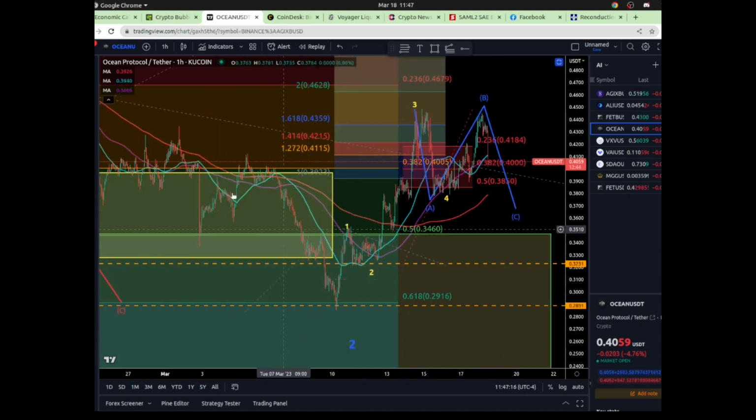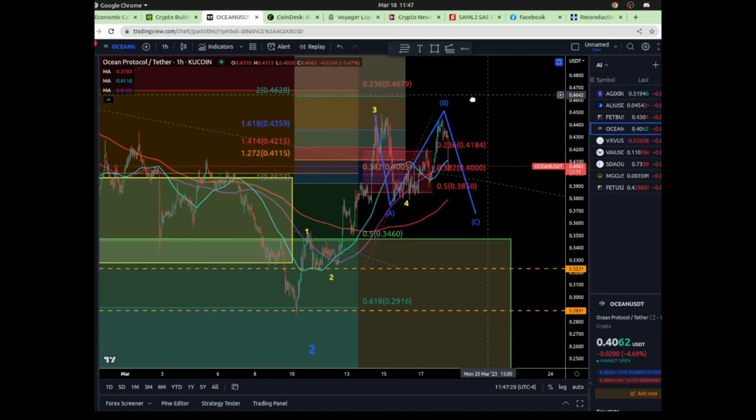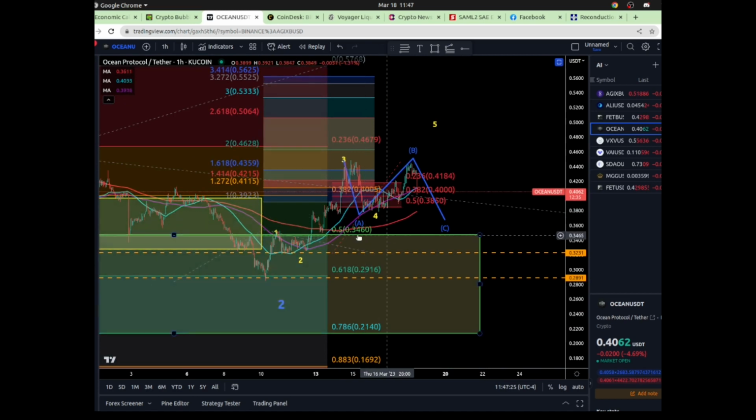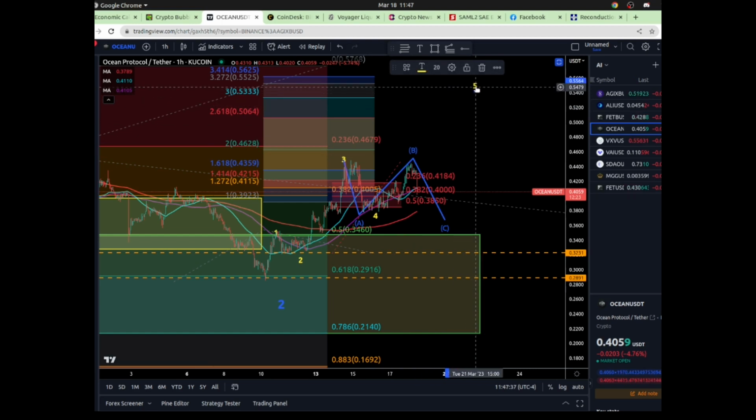Alright, so if this is the end of the bigger wave 2, it means this is the beginning of the wave 3 in blue, the bigger wave. So now, what can we say? Either this at the end was just a truncated wave 5, which I don't believe, and so I'm going to keep it here.